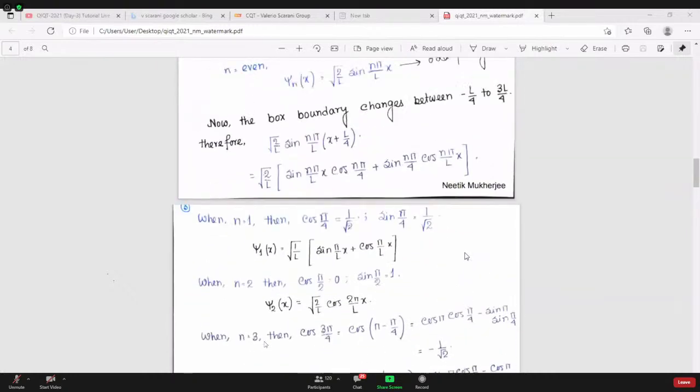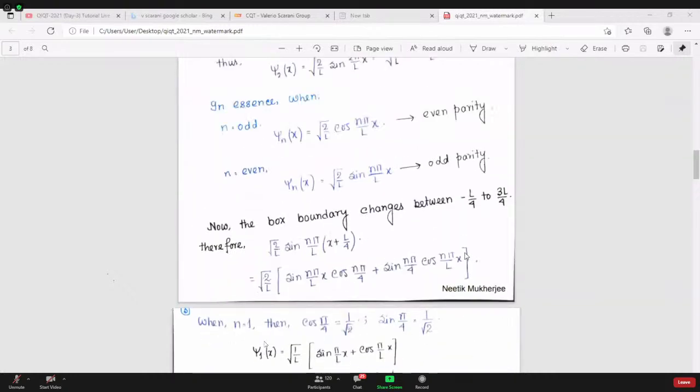Integration is, but physically, if you see that your particle is one particle, it's not the same when one particle is moving from minus L by 2 to L by 2 or minus L by 4 to 3L by 4, because of the position of the infinite barrier. Yes, the boundary condition will be changing. Like you have restricted one particle from minus L by 2 to plus L by 2, another case is restricted from 0 to L, so they are all three different systems.